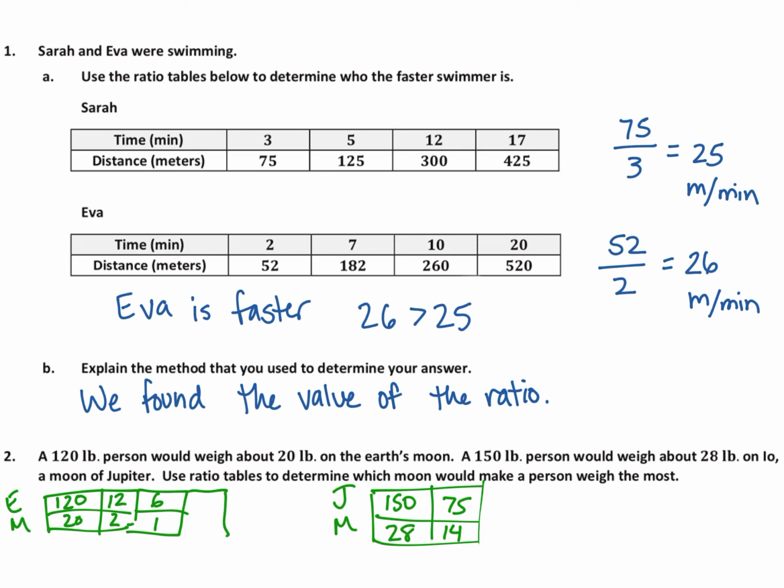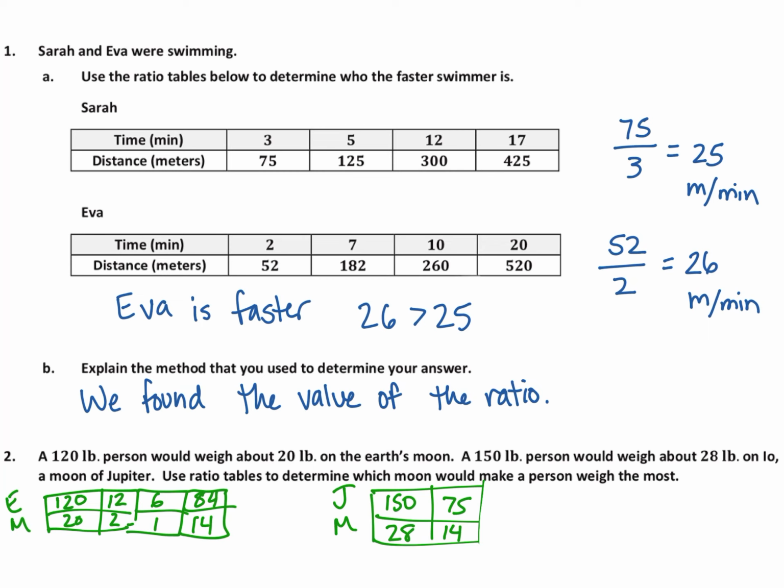We could also adjust this one, so 1 times 14 is 14, and 6 times 14 is 84. So that's when the moons are the same amount.